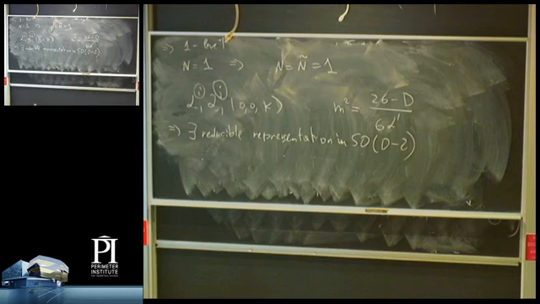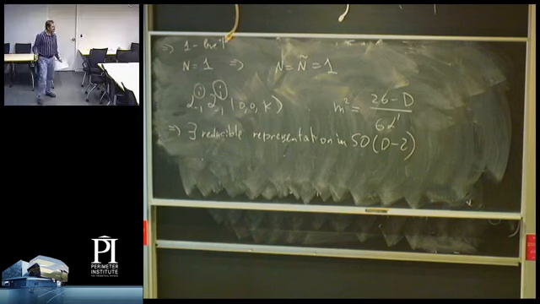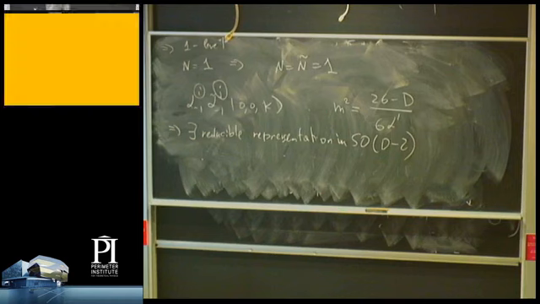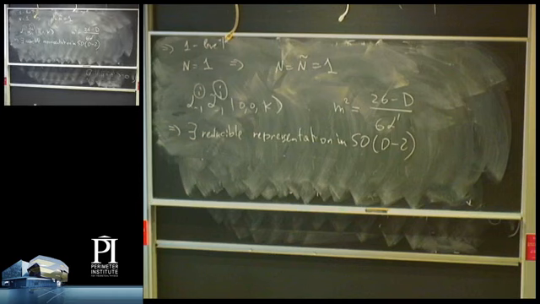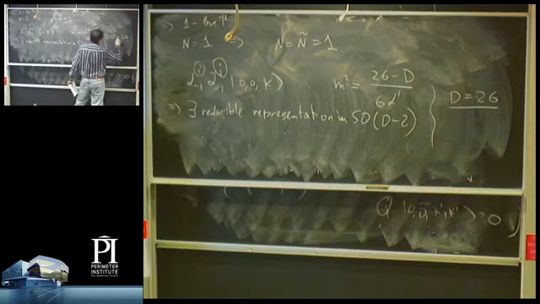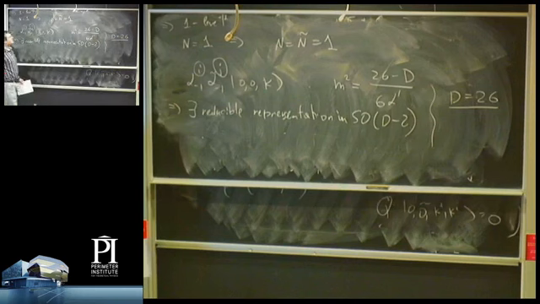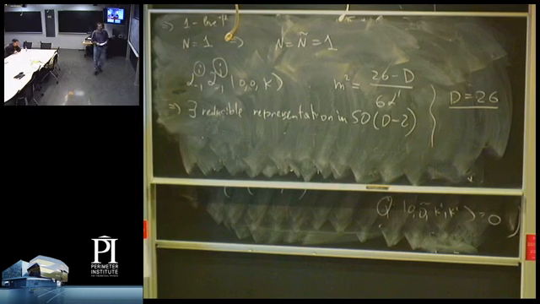So when the little group is S O of d minus 2, then we can construct a sum of irreducible representations which will have d minus 2 times d minus 2 states. Because the little group is S O of d minus 2, those states must be massless. That tells us that the critical dimension is again 26. So the critical dimension of the closed string is exactly the same as in the open string.